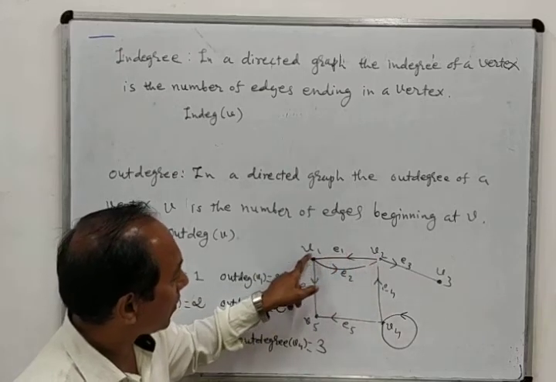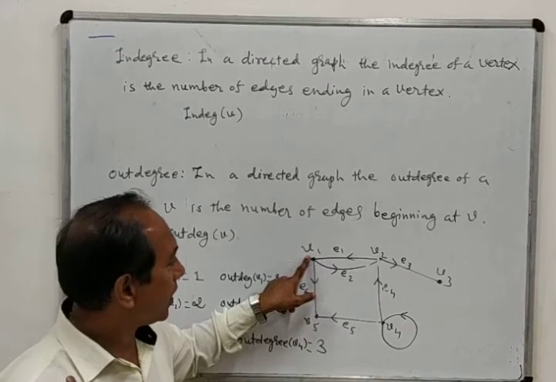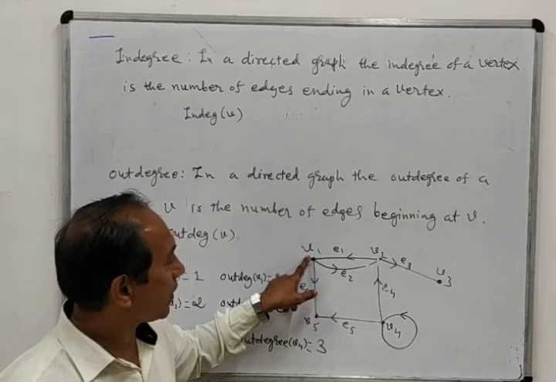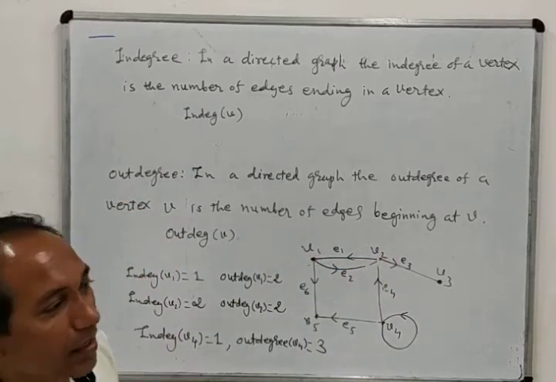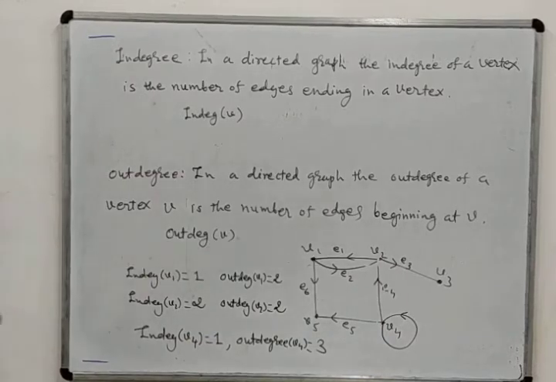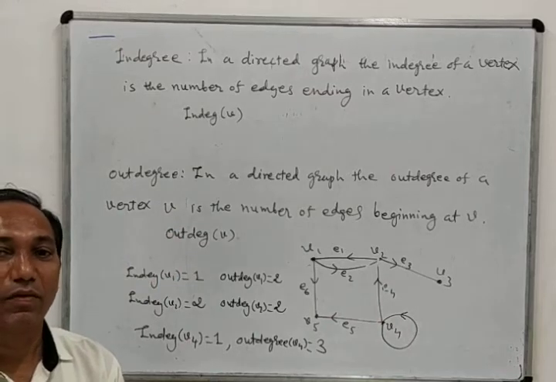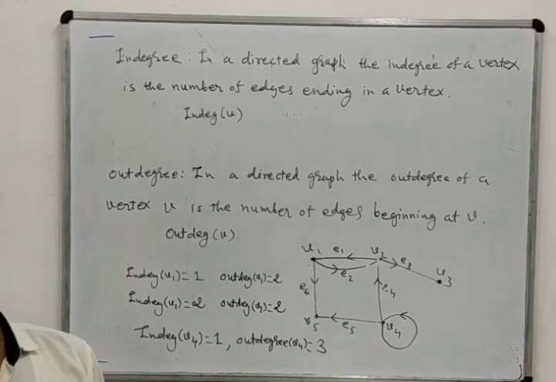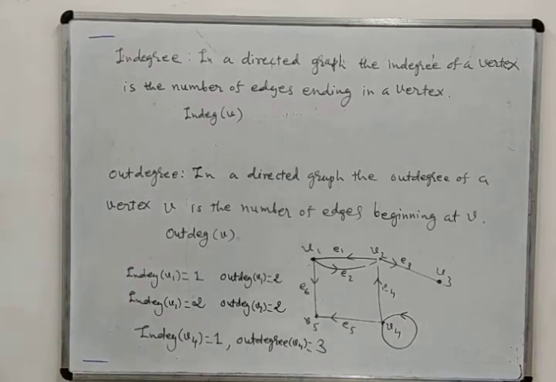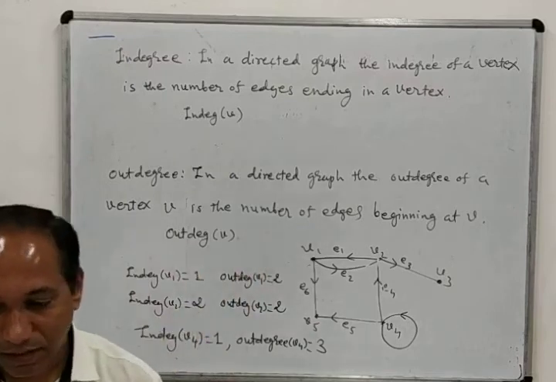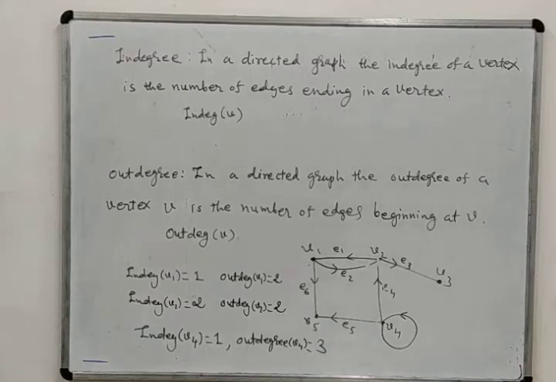The same edge gives 1 in degree to one end vertex and 1 out degree to the other end vertex. And the self loop is also counted twice because it gives 1 in degree to the same vertex and 1 out degree to the same vertex. So the total of all these degrees is again twice the number of edges. So you must note down this fact.